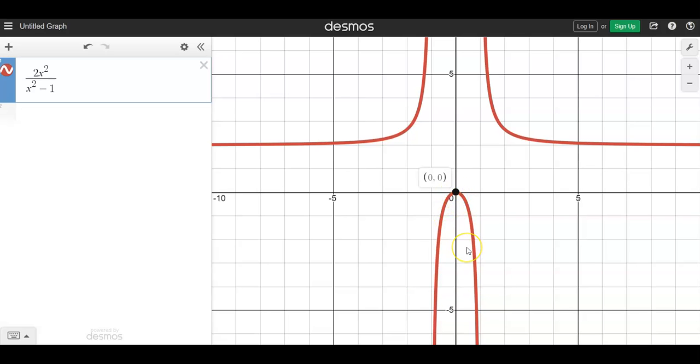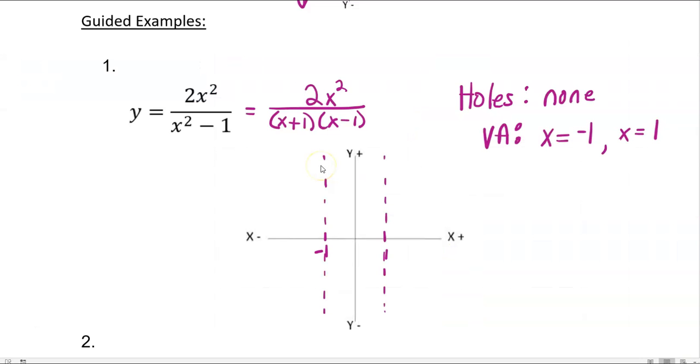But I can tell it's going through 0, 0. So I want to go back and sketch the best possible option that I can. So I come back, I'm going to draw my curves in, making sure I'm above the x-axis. And then that middle piece I know is at 0, 0 and going down.